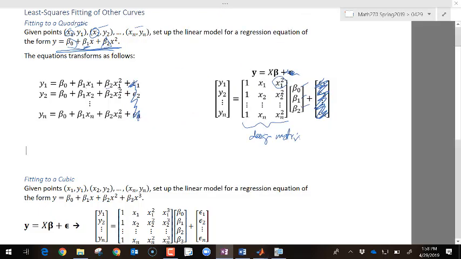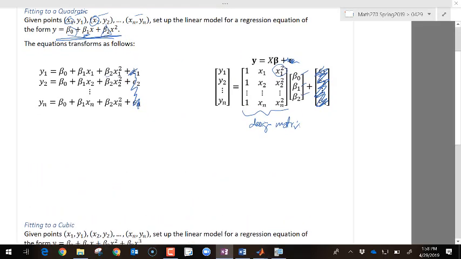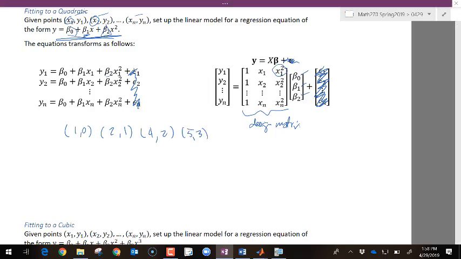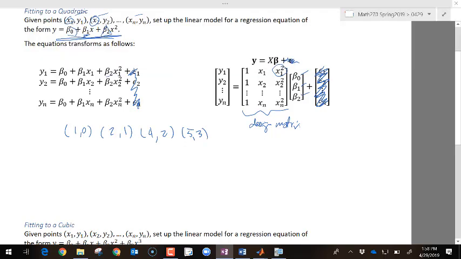So if we take a look at our first example, where we have the points (1, 0), (2, 1), (4, 2), and (5, 3), then your design matrix here will be: the first column is 1s, 1, 1, 1, 1.